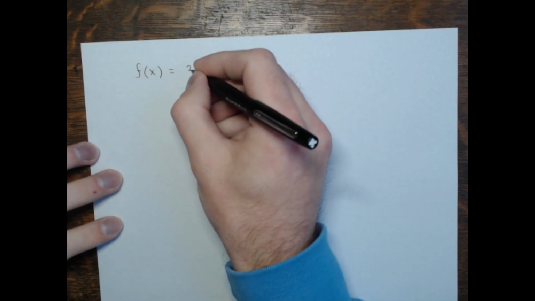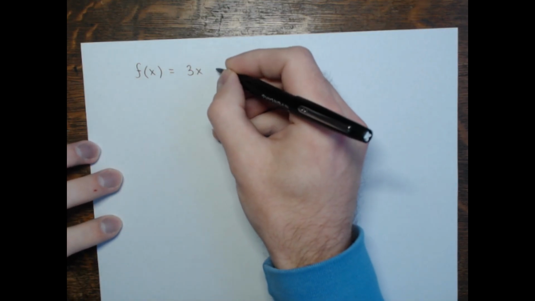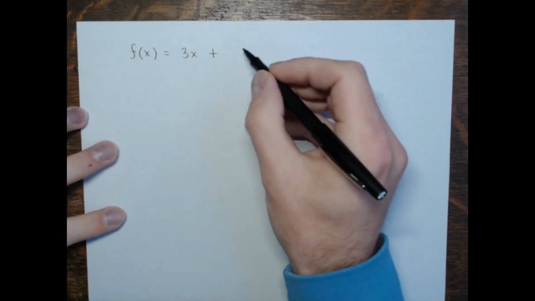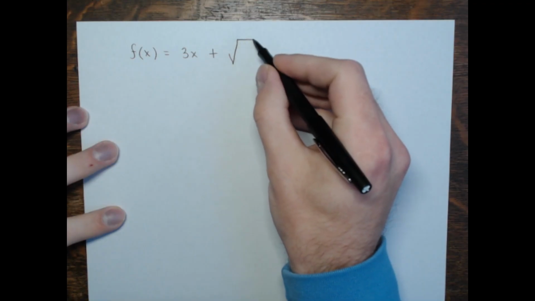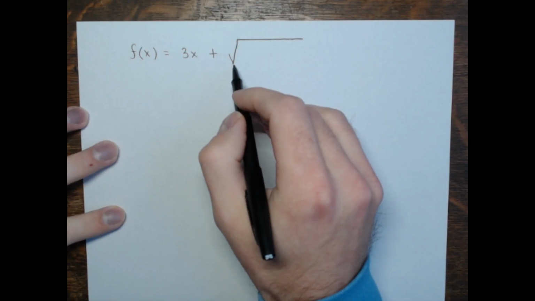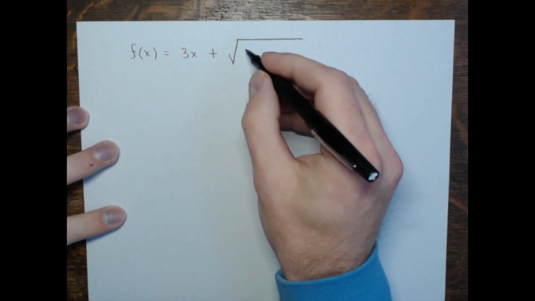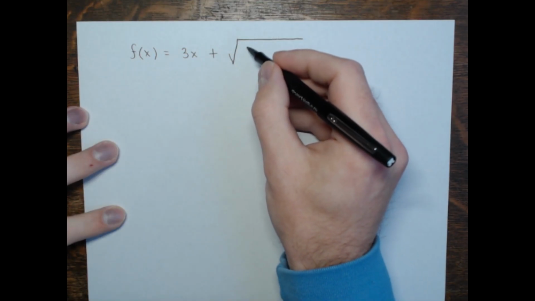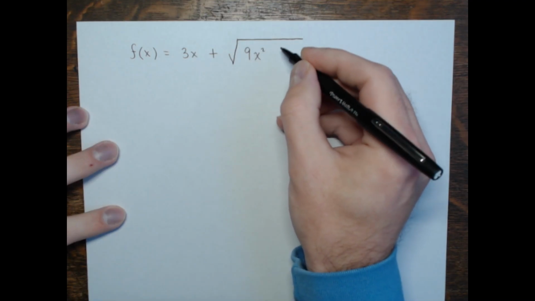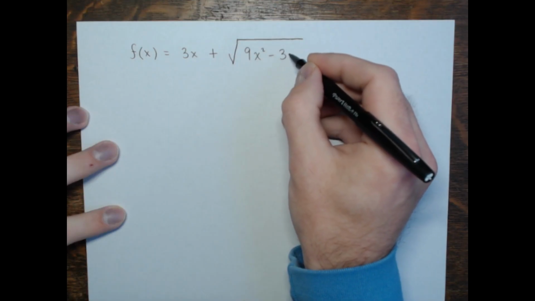You've got 3x to the first, plus, and then the square root. Remember, this symbol is asking you for the principal square root, the non-negative square root. That'll come into play in a minute. And inside the root, you've got 9x squared minus 3x.